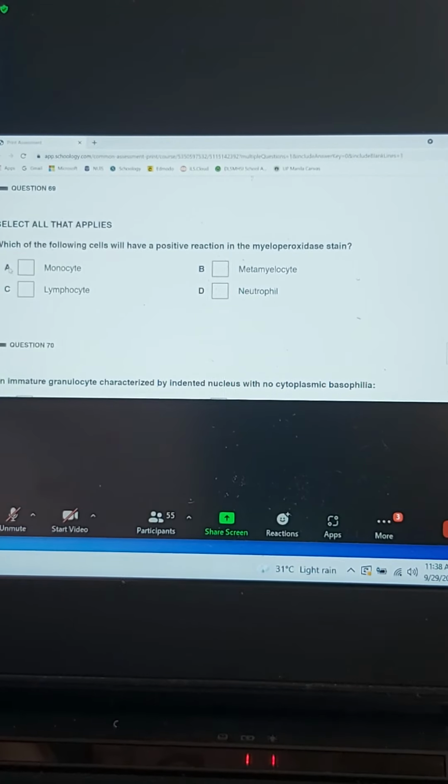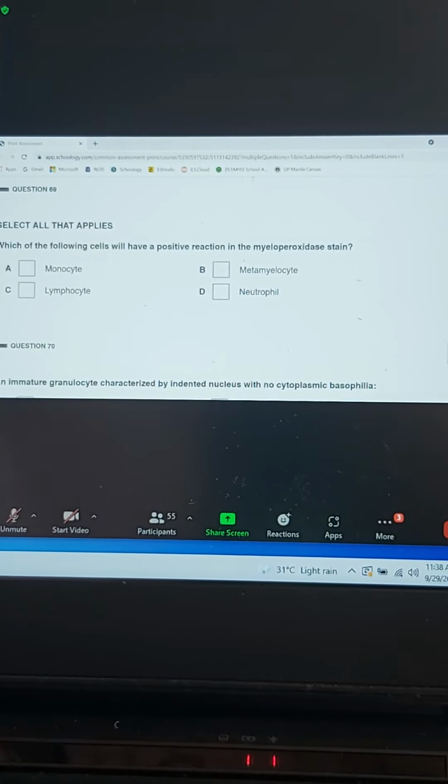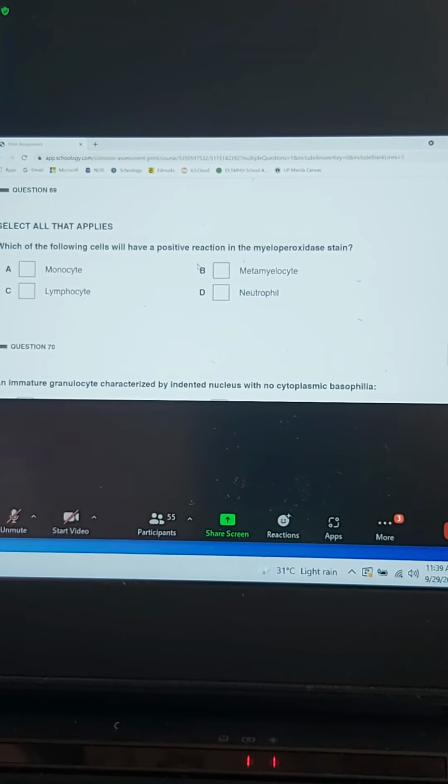Right, 69. Select all that apply. Which of the following cells will have a positive reaction in the myeloperoxidase stain? Sino daw ang positive reaction sa myeloperoxidase or MPO stain? Letter B at D po. Letter B and letter D. Okay, so si metamyelocyte and si neutrophil because letter B and D, these are your granulocytes.